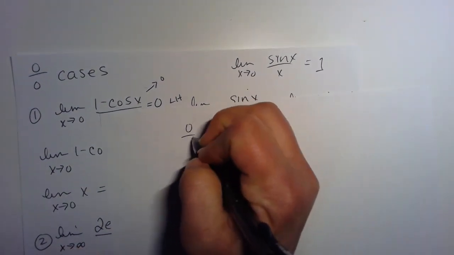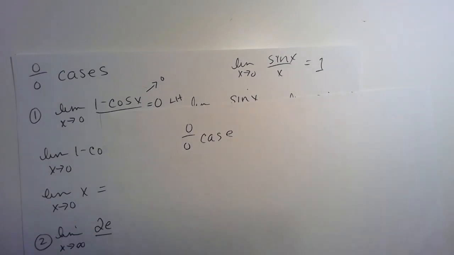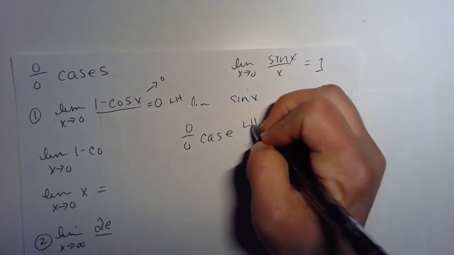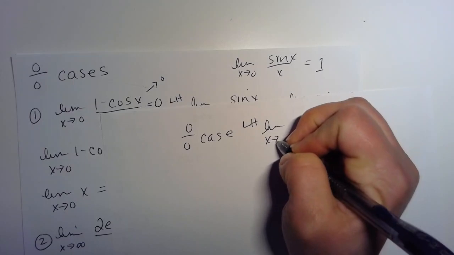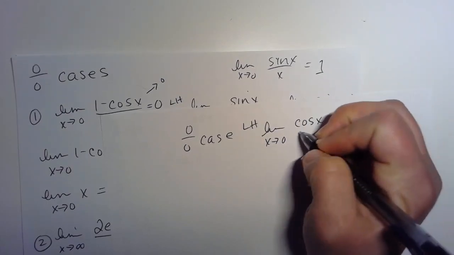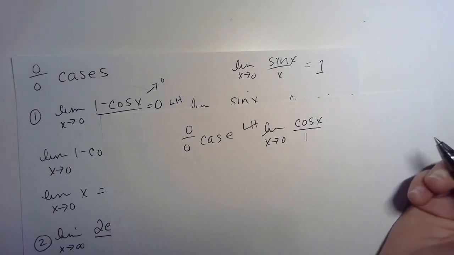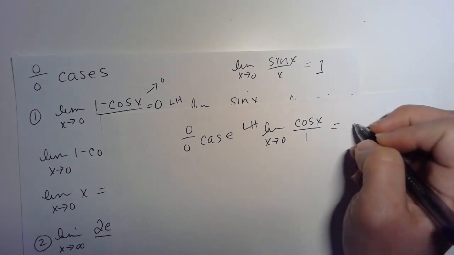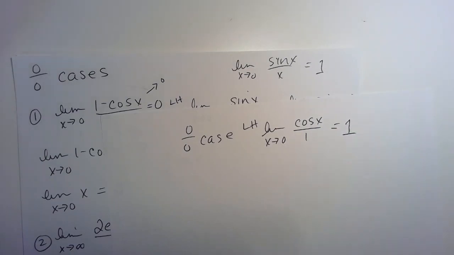And so I'm going to apply L'Hopital's rule, which says that the limit as x approaches 0 of the derivative of the top, which is cosine, over the derivative of the bottom, which is 1. And now I just have cosine, and when I plug in 0, cosine of 0 is, in fact, 1, right? So now, if we forget, we have a way to come up with it.